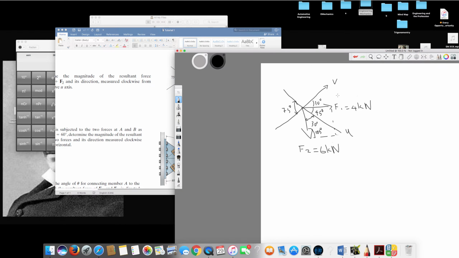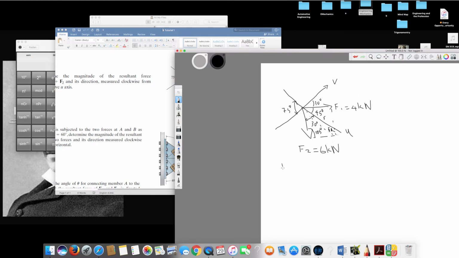Then it makes 180 degrees, right? So we know that. So from now we are good to use this. This is FR, whatever the line that connects this one, it's FR. That's what we have to find.